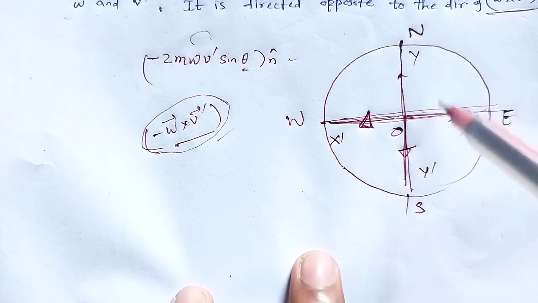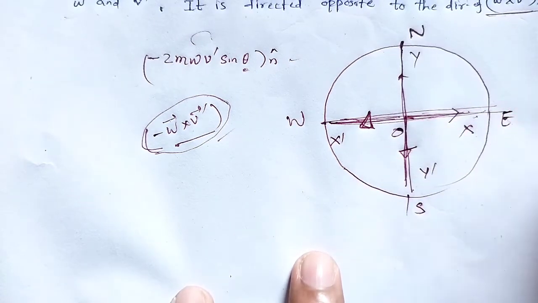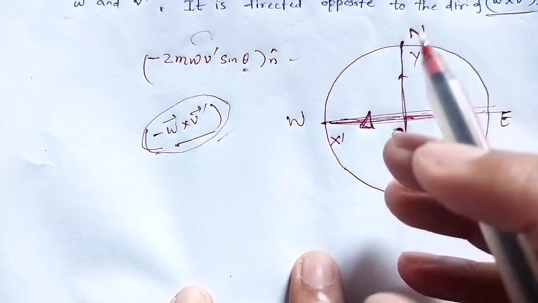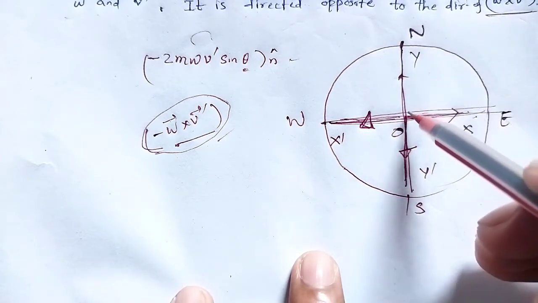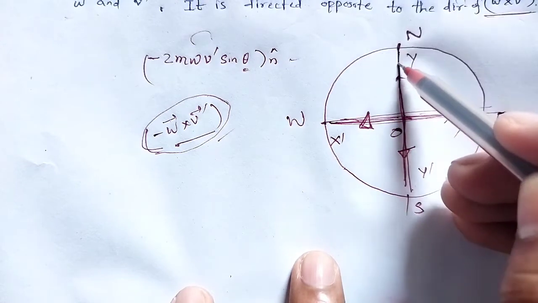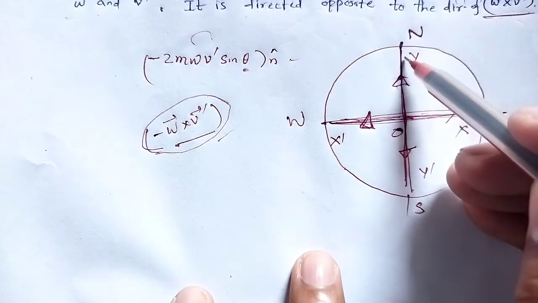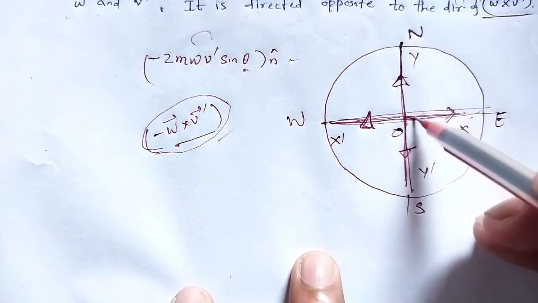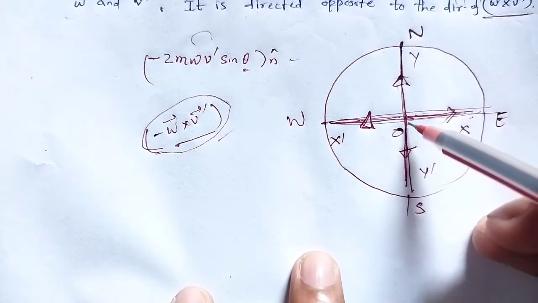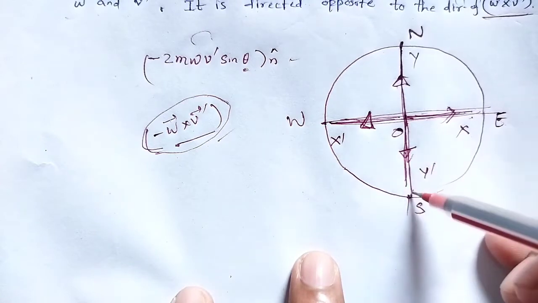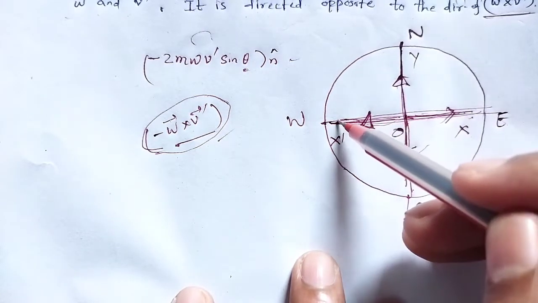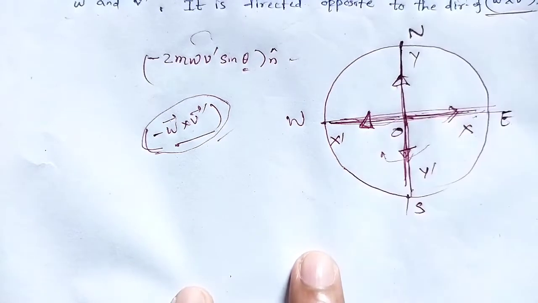If the body moves in the northern hemisphere, it deflects towards the right, that is east. When it moves in the southern hemisphere, it moves towards the left, that is west, the negative direction of x-axis.